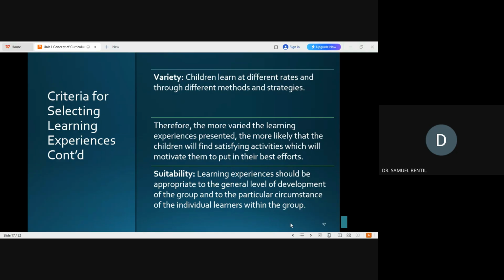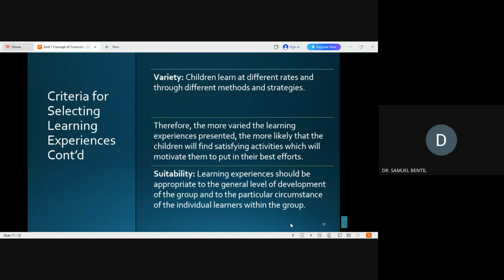Then we have the suitability principle. We are saying that learning experience should be appropriate to the general level of development, the growth and the particular circumstance of the individual learners within the group. Suitability here, we are talking about looking at the learner's maturity level, their characteristics, their needs and interests.